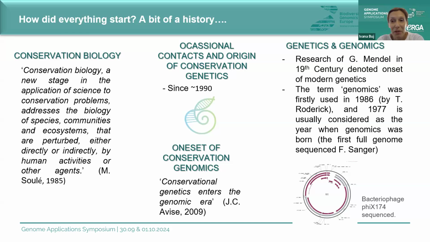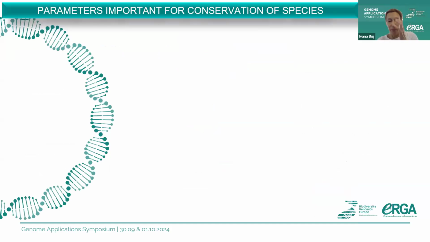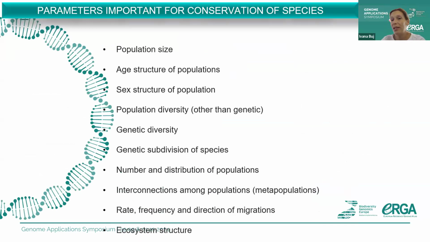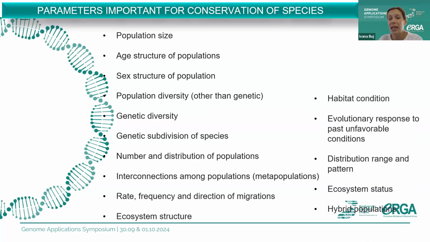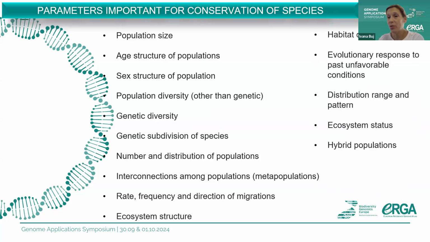You may agree with me on some points or disagree or have other experiences, but please put them in the chat so we can discuss them later, or later raise your hand and share your experiences with us. To start with, I have prepared a list of some parameters that are usually used in conservation of species, in real conservation, that are estimated to make conservation efficient. Some more often, some not as often. Not all of these parameters are used for all species.